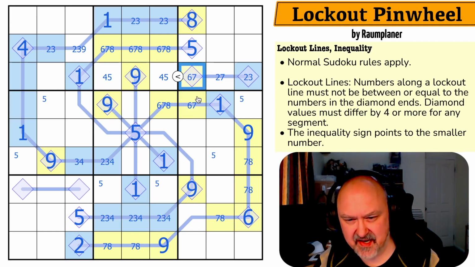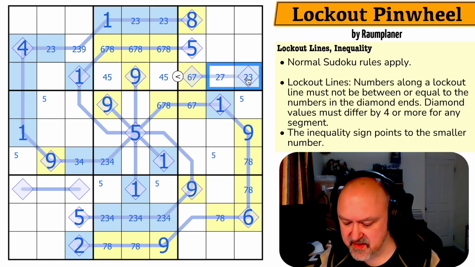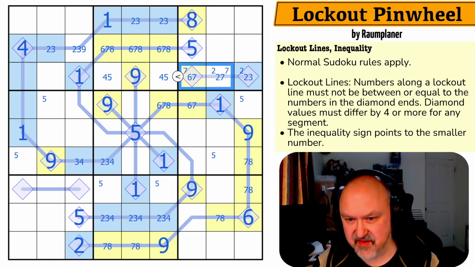So without there being an 8 there, that hasn't restricted that at all. 3, 7 is still 4 apart and would allow that to be a 2. 2, 6 would allow that to be 7. 2, 7, that would be nothing. So this is either 2, 6, 7 or 3, 7, 2. So there must be a 2 in one of those and there must be a 7 in one of those.